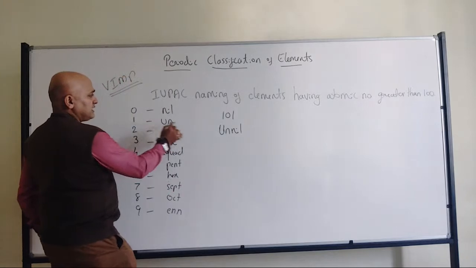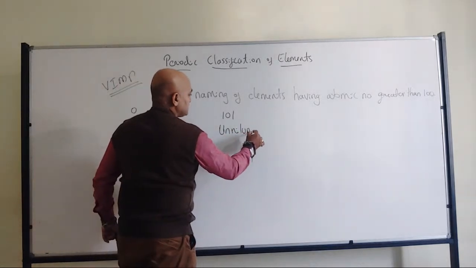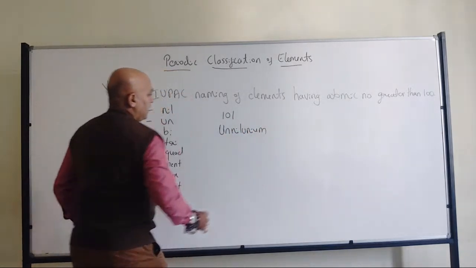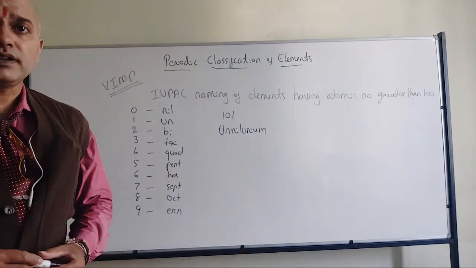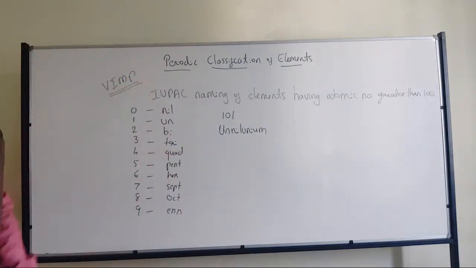Then once again 1 is there, so I will write it as unium. Unnilunium. That's the name of the element. All of you have understood?